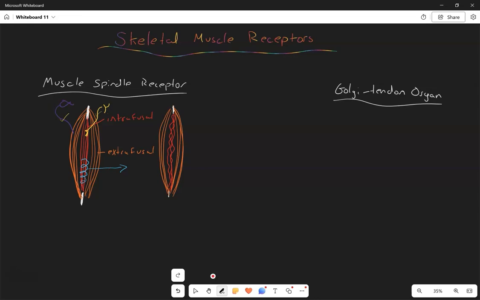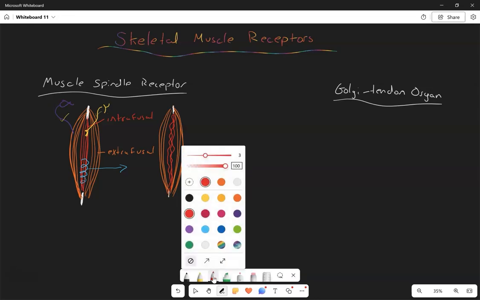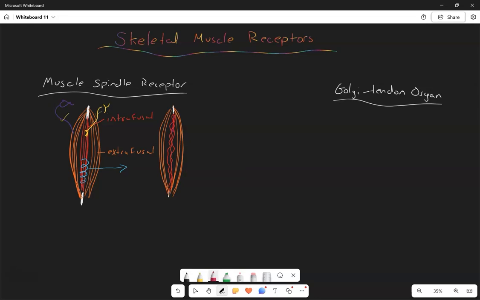So what we do want to do is activate both of these at the same time, right? But we don't actually want these fibers here to shorten themselves. So the shortening in your intrafusal muscle fibers happens here at the polar ends, right?